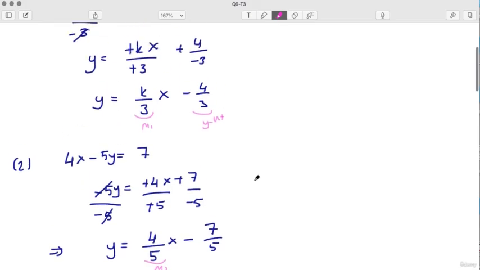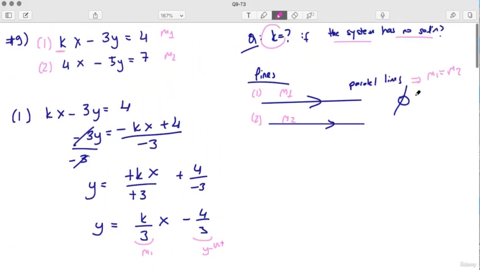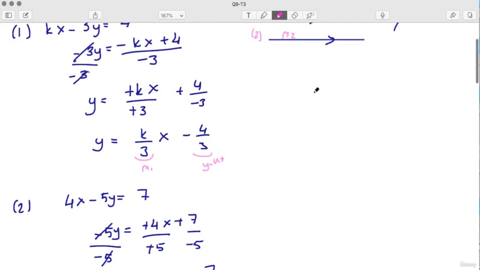Now, if these lines are parallel, then their slopes have to be equal. Let's write it here.